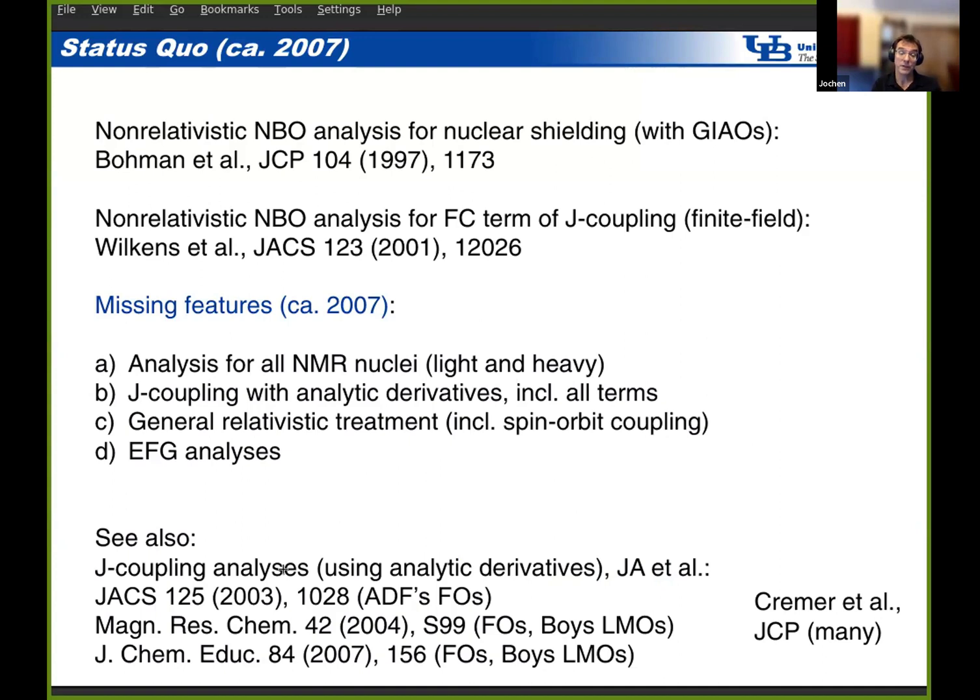But for the field that I was interested in, which is heavy metal NMR, there was no suitable available method. So I decided to implement this in a general way, so we can do analysis for all types of NMR nuclei all across the periodic table.